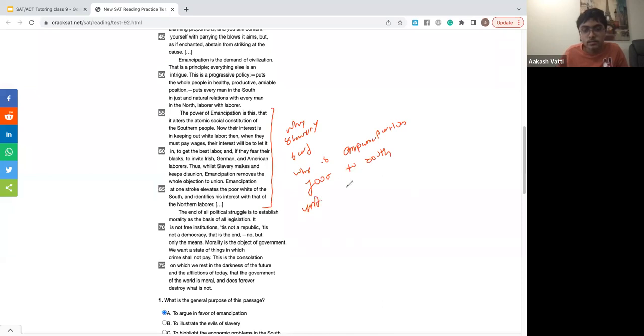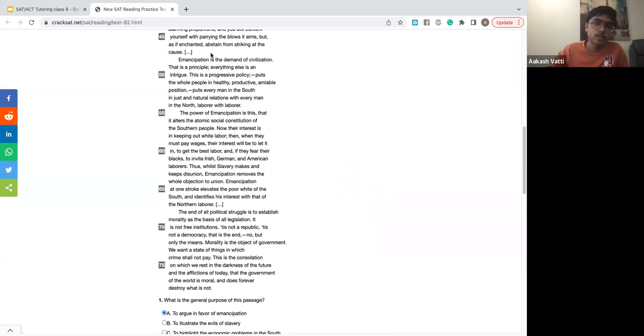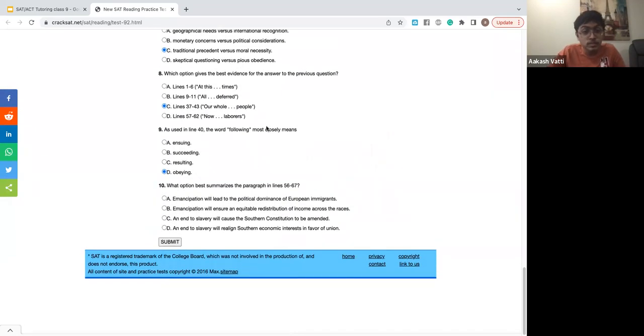And why it would improve relations between the North and South, because it relates them. Would it improve relations? Again, this is why I write these, so I don't have to read the more difficult words, and I could just read my summaries. However, I do have to erase them because as I scroll down, my writing also goes with it. But you get what I mean with what my summary is saying. So emancipation will lead to the political dominance of European immigrants.